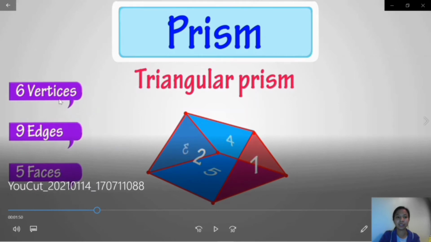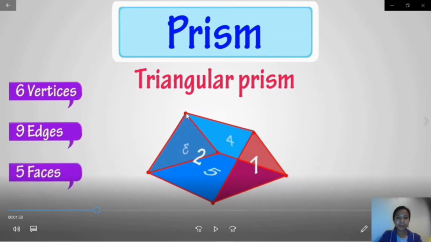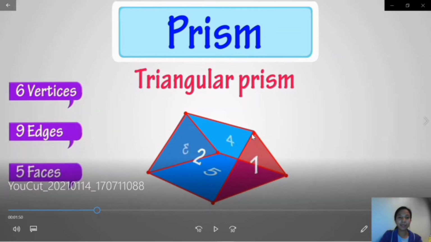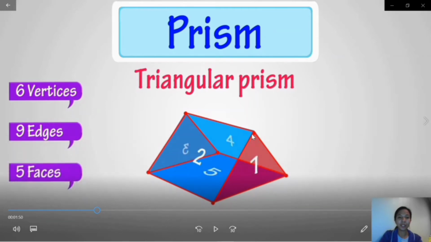Next, we have edges. How many edges? An edge is like a line segment or a line here. So 1, 2, 3, 4, 5, 6, 7, 8, 9. Next, 5 faces. 1, 2, 3, 4, 5.